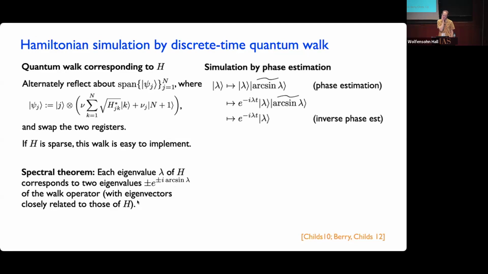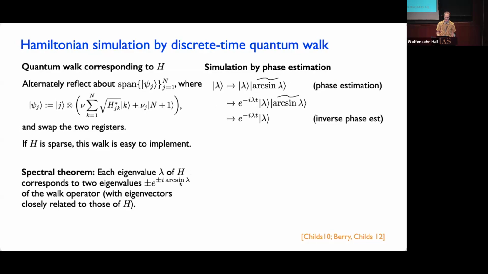So what you can do is, if you've got some evolution that you want to implement, so you would like to implement the operator e to the minus iHt, then for the part of the space where you have the eigenvector with eigenvalue lambda, which I've denoted like this here, you can use this procedure called quantum phase estimation, which uses this operator that you would like to estimate, and produces in this register an estimate of the eigenvalue.